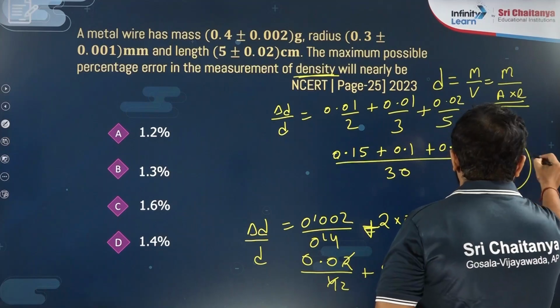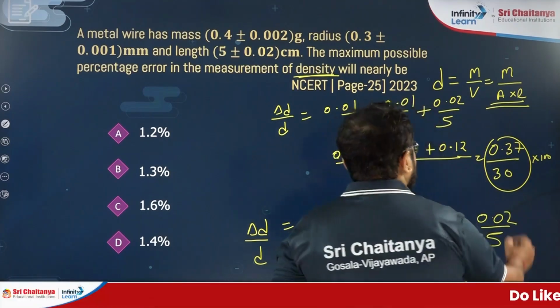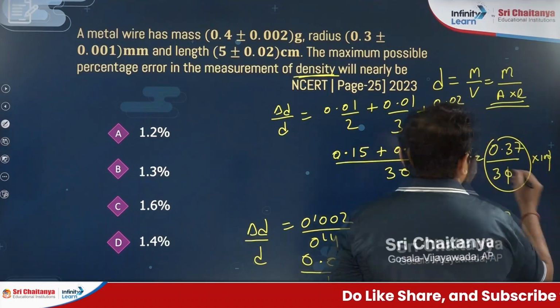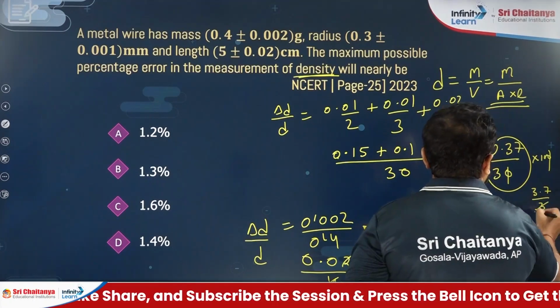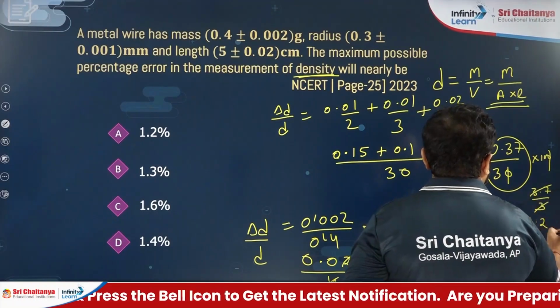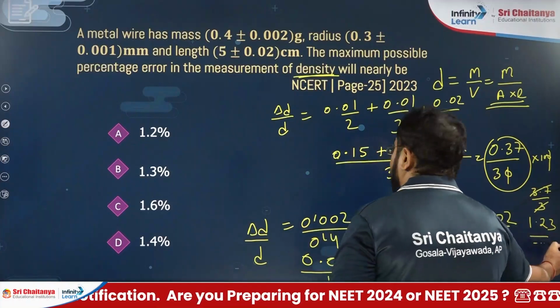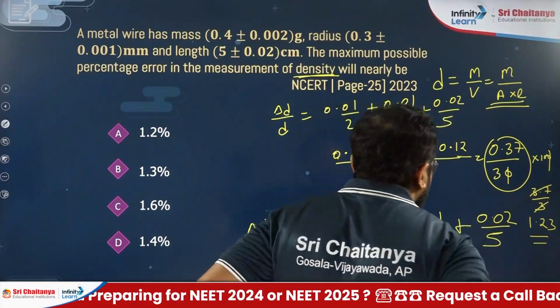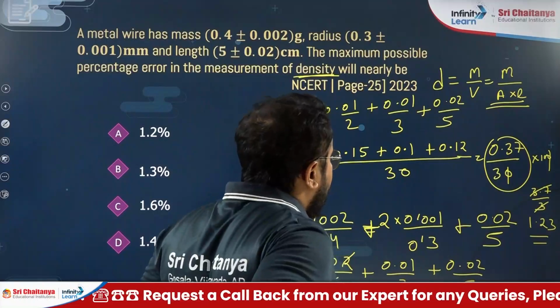Now multiply by 100 to get the percentage. So this will become 3.7 divided by 3, that is near about 1.23%. That will be your answer, 1.23%.